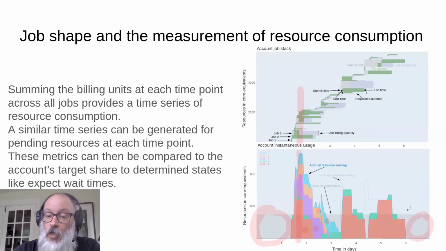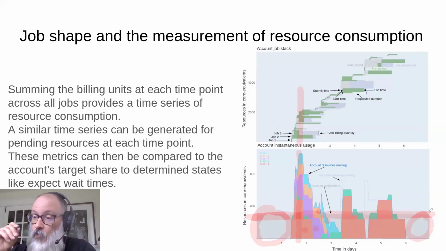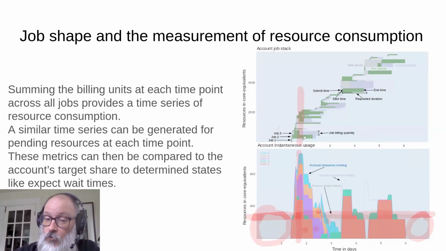Now, the scheduler works entirely by what's called the fair share, and all accounts have what's called a target share. So there's a gray area down below. That line corresponds to this account's target share. What the target share means is that this account can run substantially more resources than their target share at any particular time.